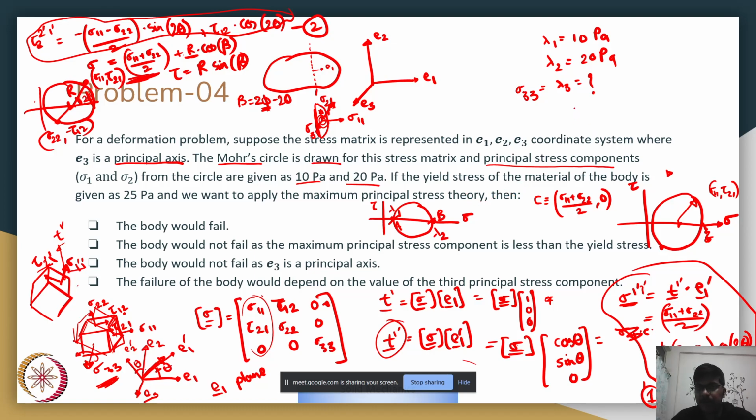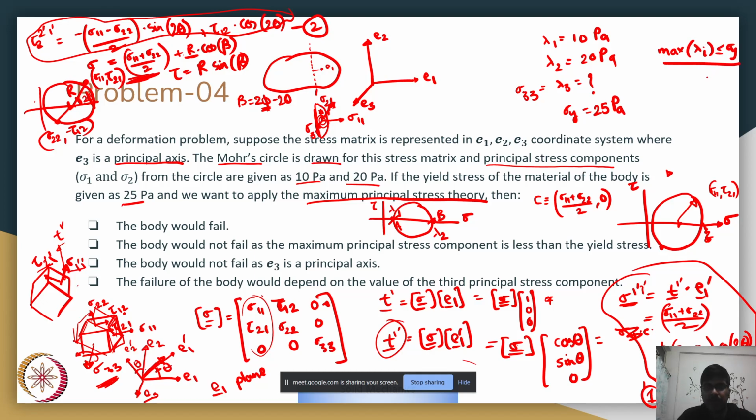And then we are told that sigma y is equal to 25 Pascal, and we want to apply the maximum principal stress theory. That is nothing but the max of lambda i should be less than or equal to sigma y.